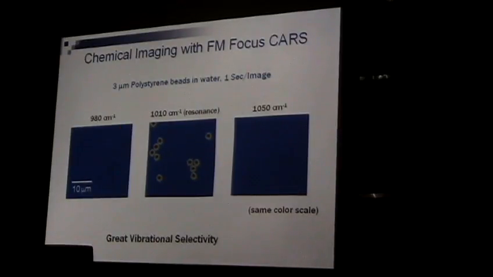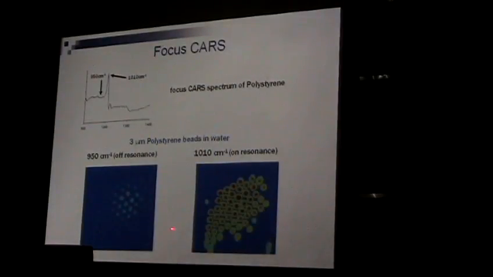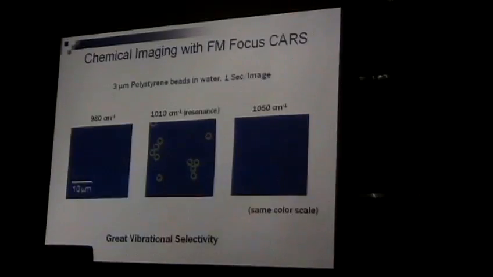That means we have great vibration selectivity. And just for comparison, this is even 950. If you don't do anything and just look at the non-resonant signal like this, but now if you look at this difference, basically this is like stimulated Raman, and the signal is great.